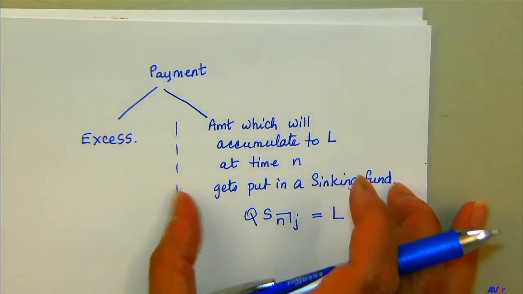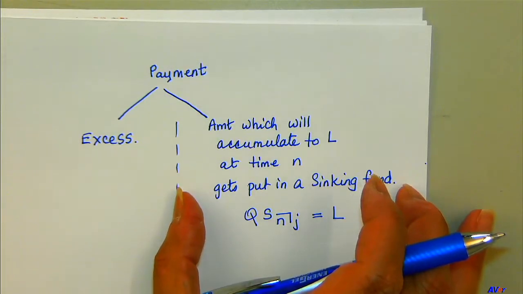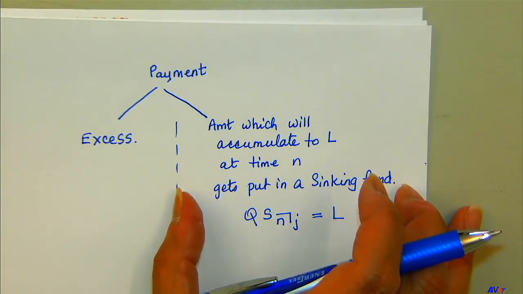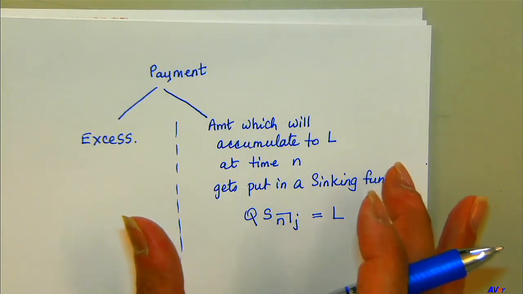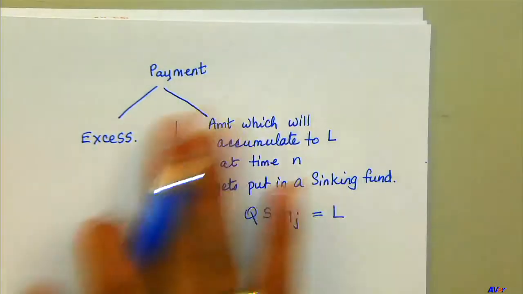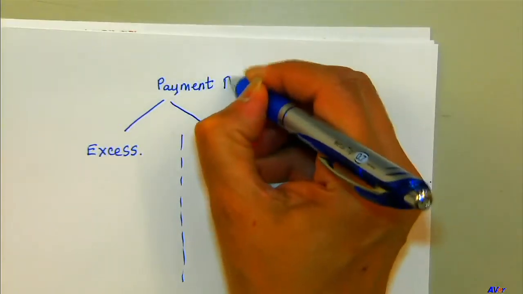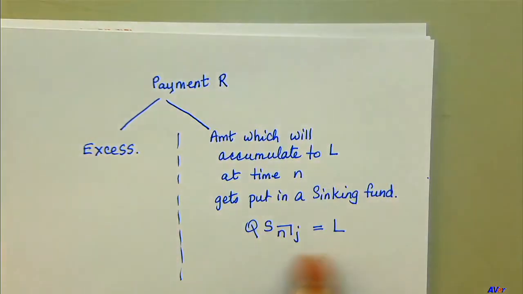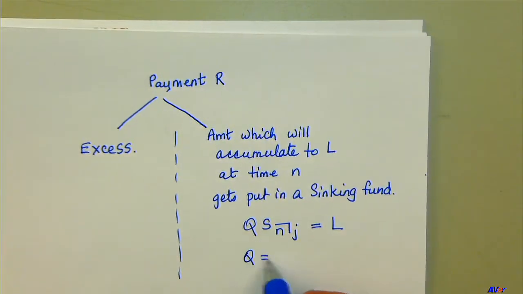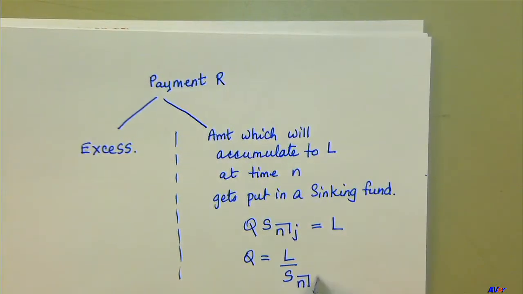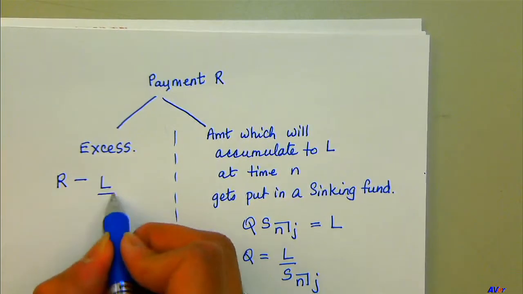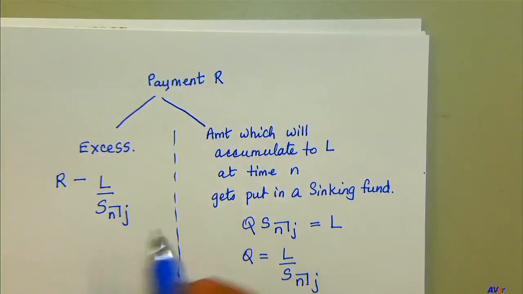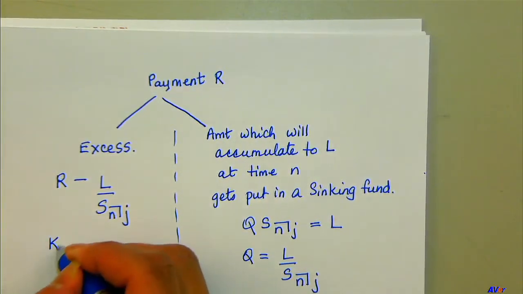Some piece is going to be put into a sinking fund that will accumulate to L, because they are trying to replace their capital, meaning how much should they put in a sinking fund at interest rate J, so that that constant amount that they take out from every payment R should accumulate to L. So this is Q equals L over s angle NJ. And then the remainder, R minus L over s angle NJ, is what's left over, that they keep.